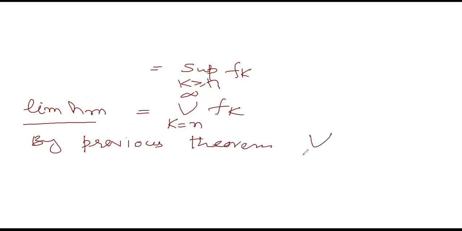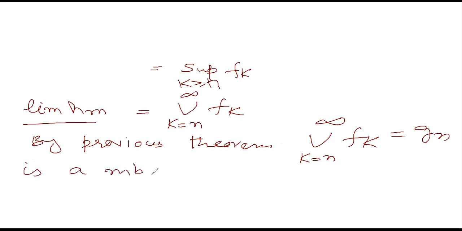This join, k runs from n to infinity of fk, let me denote by gn because it will be a function of n. Gn is a measurable function. This is true for each n greater or equal to 1.